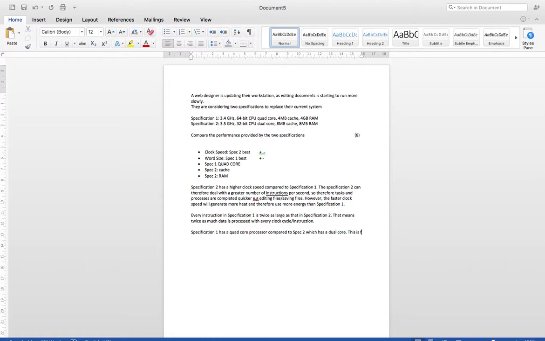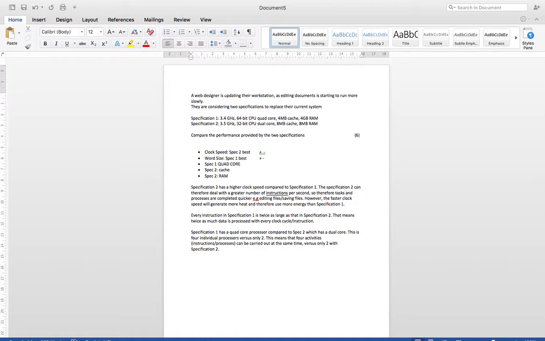This is 4 individual processors versus only 2. This means that 4 activities, which would be better actually saying instructions or processes as better technical language, can be carried out at the same time versus only 2 with... which one's got 2 again?